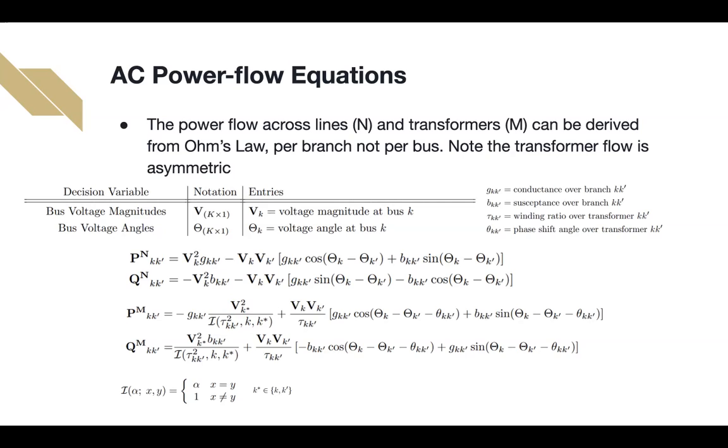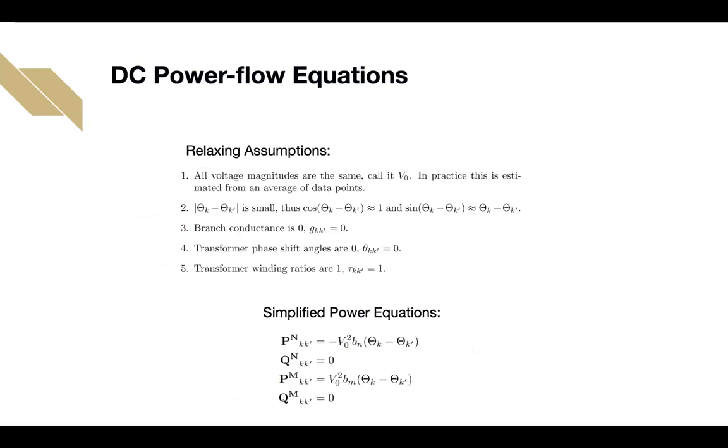That motivates the need for a linear relaxation to make this problem a lot easier to solve. We make these 5 following assumptions that allow us to greatly simplify the power flow equations. First, we drop the voltage magnitude as a decision variable.